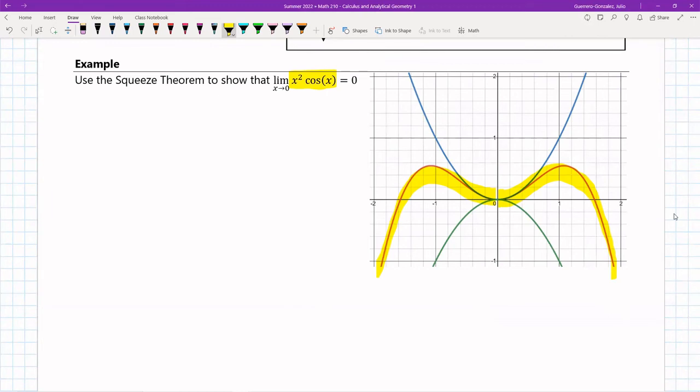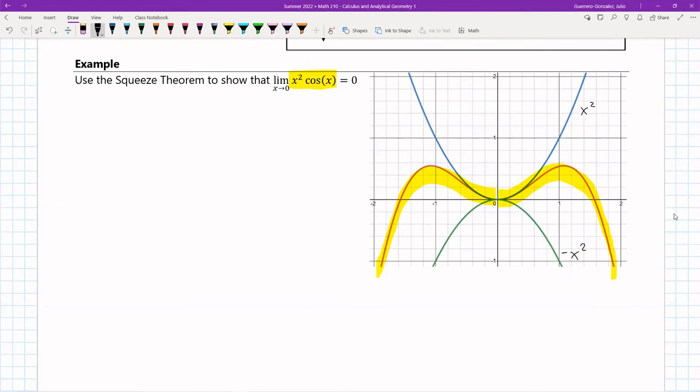We can see it graphically, right? But we want to have a little bit more of a robust way of figuring this out, at least so we can use the squeeze theorem on it, right? So to display how the squeeze theorem is used. The two functions that are above and below, the function above, this is x squared, and the function below is minus x squared, okay? So I want everybody to look at this really quick, okay?